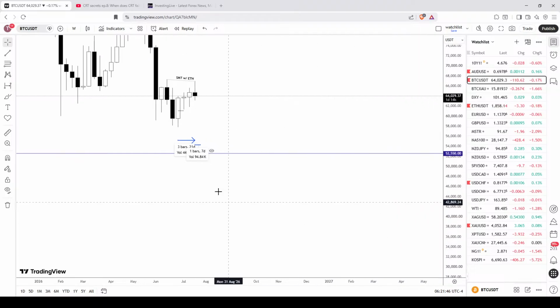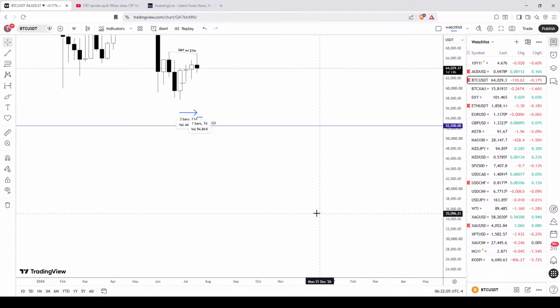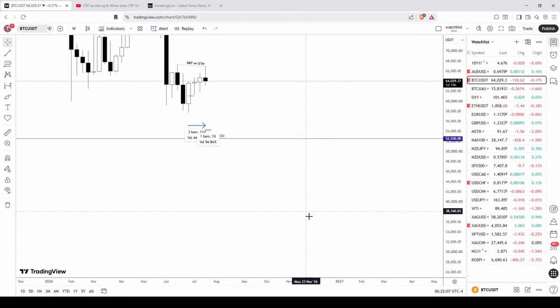And with the overall global liquidity cycle set to bottom sometime in Q1 of 2027, Q3 and Q4 for Bitcoin and Ethereum and the crypto space, that becomes the proving ground where it's actually not uncharacteristic for crypto to set the low before the global liquidity has completely receded.